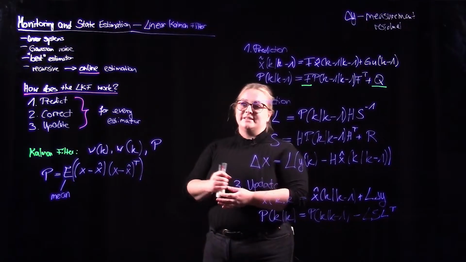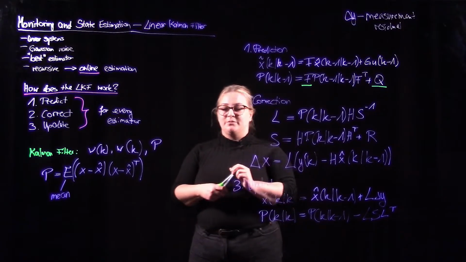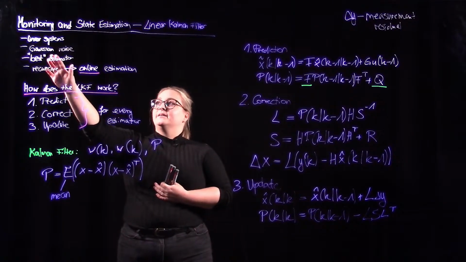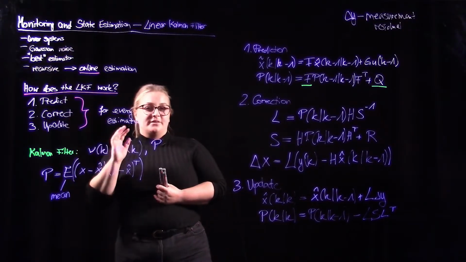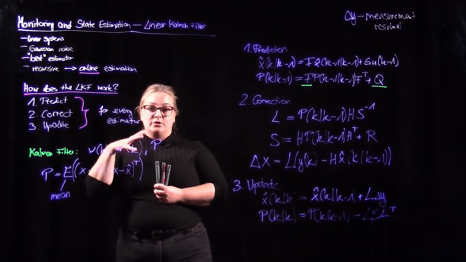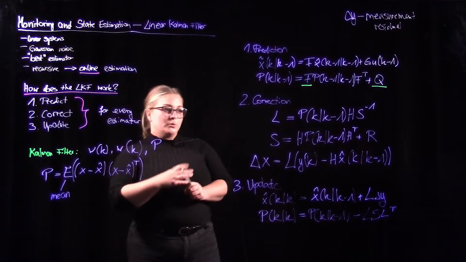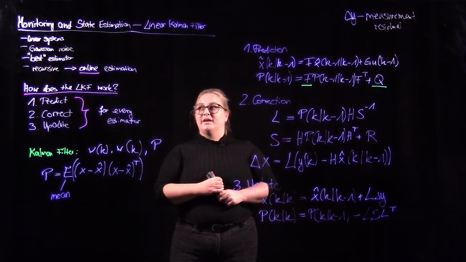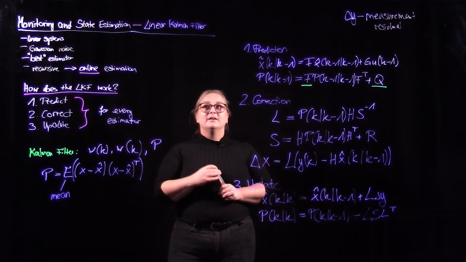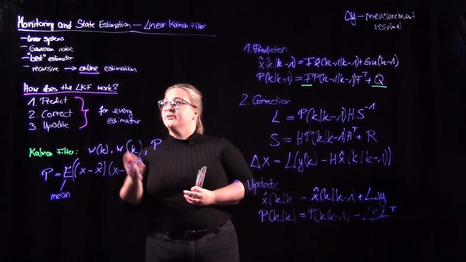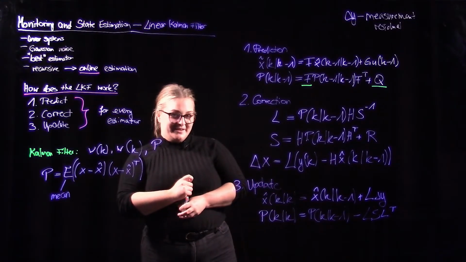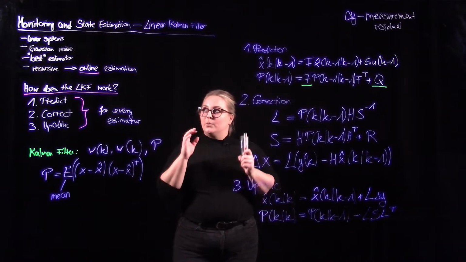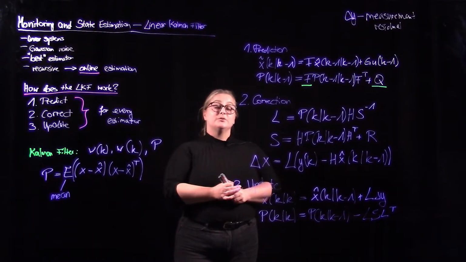But why is the linear Kalman filter not something that is optimal for everything? Because, again, like in the last video, our assumptions are that the system is linear and our noise is Gaussian, as always. But what if we do not have a linear system or we do not have Gaussian noise? Then the linear Kalman filter does not give us the, in quotation marks, best estimation. For that, we need something else. So when we do not have a system like that, we have two options.